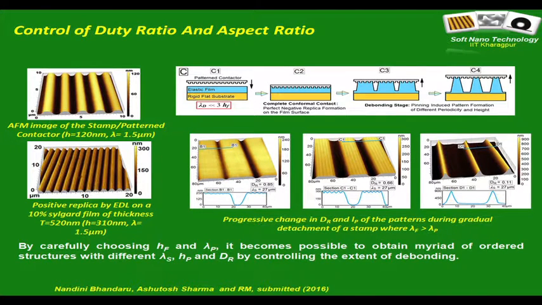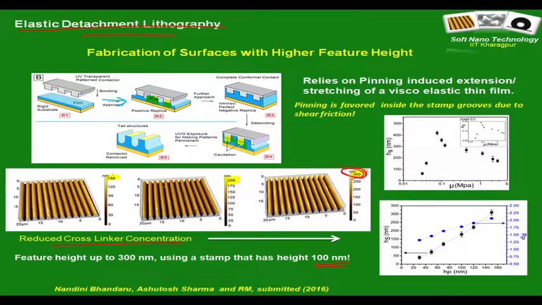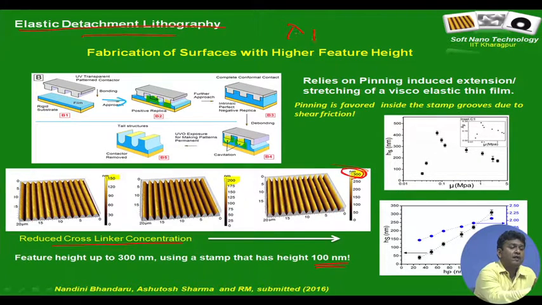One can in fact utilize this, something I did not mention in the context of elastic contact lithography, but I will just touch upon it so that you can enjoy the excitement. In this particular case you have chosen a film thickness where lambda_p equals lambda equals 3h, so that patterns form below each stamp protrusion.